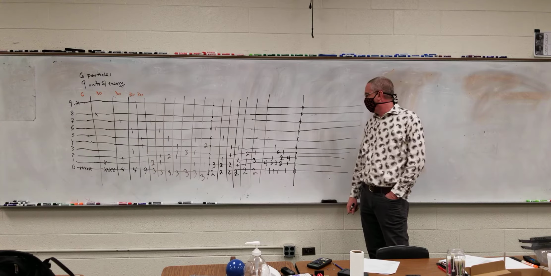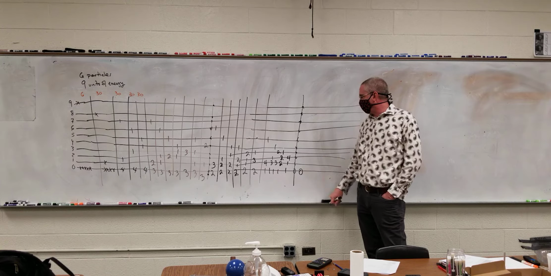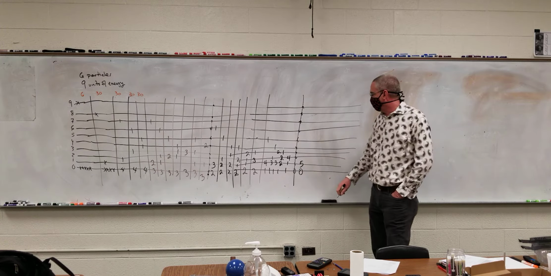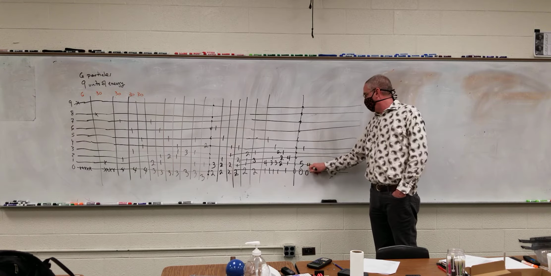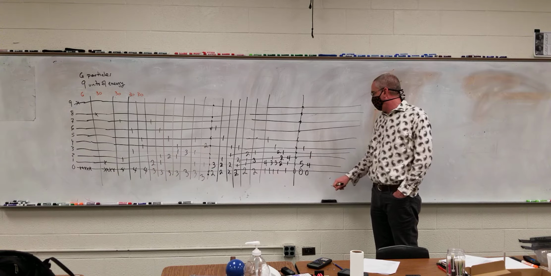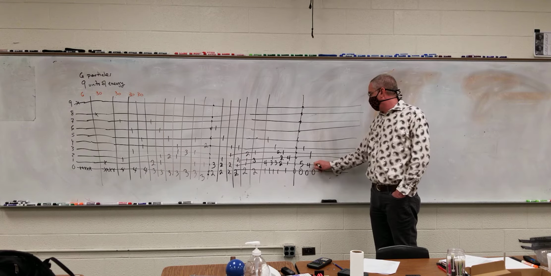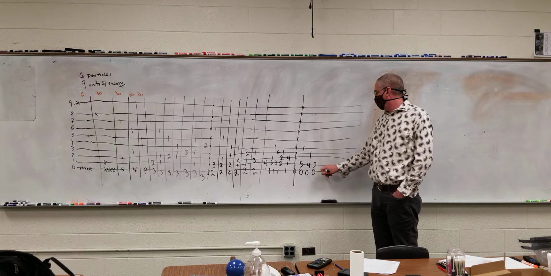There we go. And then 0 down here, now I have 6, so I got 5 right here. And then 1 at 4, 0, 4, 1, 1. 0, 3, 1.